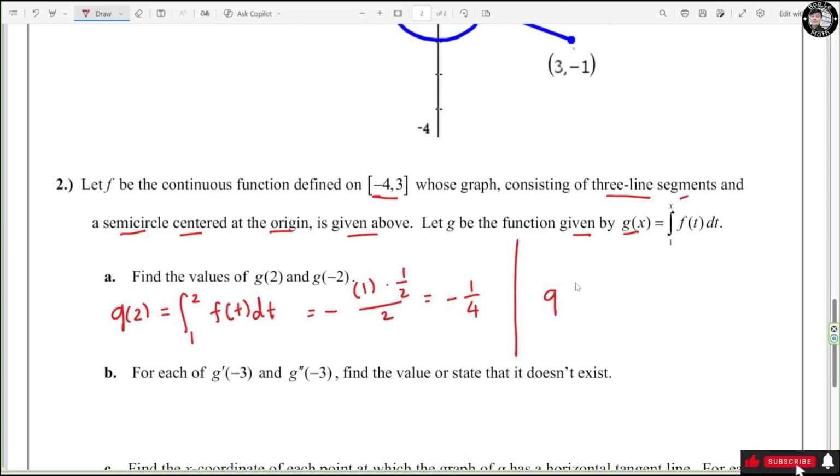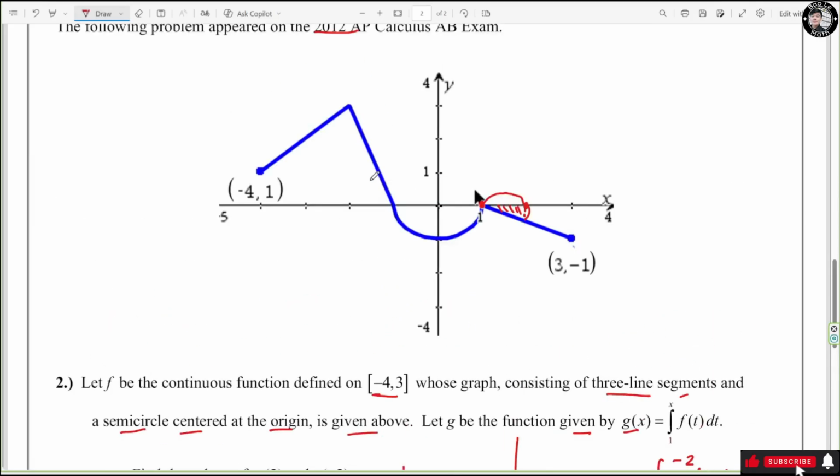Now g of -2 equals the integral from 1 to -2 of f of t dt. So we need to switch this one, so it could be negative integral from -2 to 1 of f of t dt. Now -2 to 1, this is -2, 1 right here. So it could be the area of the right triangle right here, subtract the area of the semicircle right here. For this one, the base is 1 and the height is 1, 2, and 3.